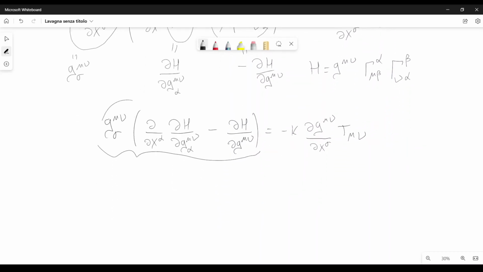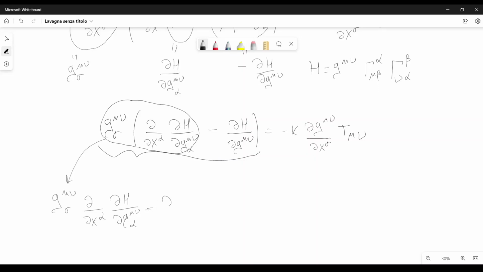So the first term here in particular can be rewritten like this. We have g^{μν}_σ, derivative with respect to x^α of ∂h/∂g^{μν}_α.